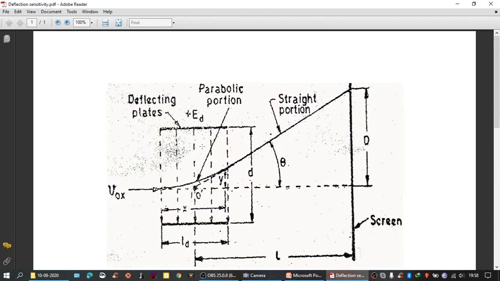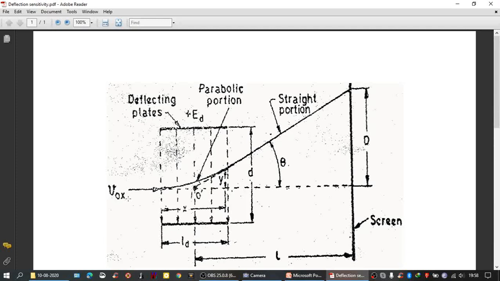The electric lines of flux, you can see the parallel uniform electric field from top to bottom. The upper plate is at positive potential compared with the lower plate. So electric lines of flux are directed from the upper plate to the lower plate.